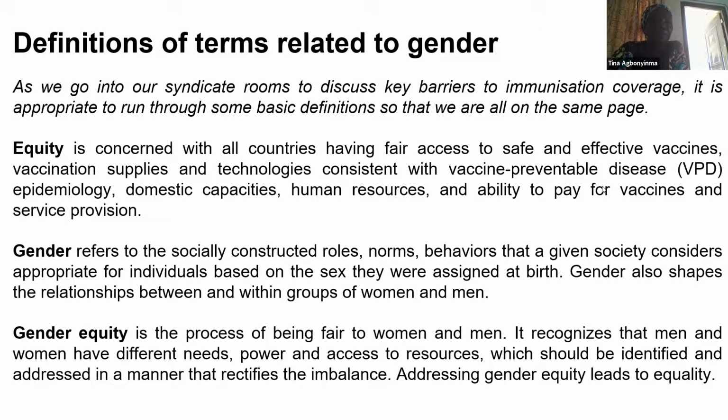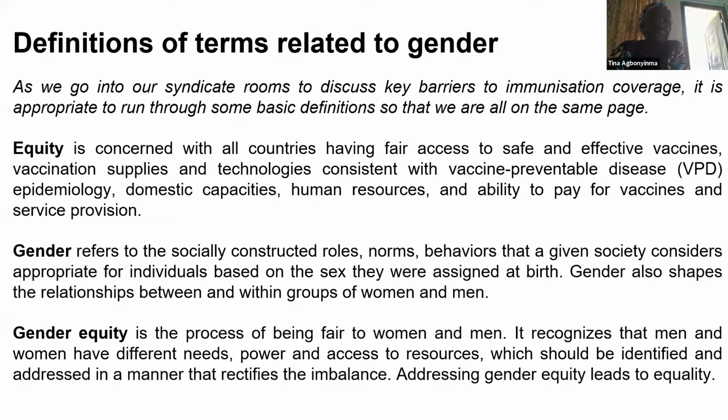For instance, equity is concerned with all countries having fair access to safe and effective vaccines, vaccination supplies, and technologies consistent with vaccine preventable diseases, epidemiology, domestic capacities, human resources, and ability to pay for vaccine and services.